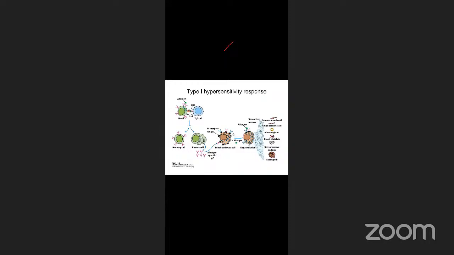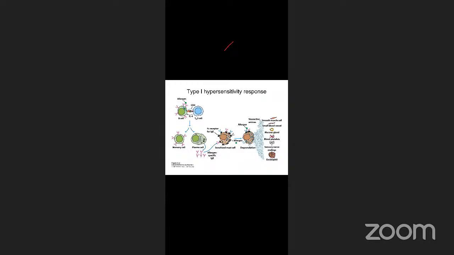For those antigens, whenever the antigen interacts with the antigen presenting cell, B lymphocytes, macrophages, and dendritic cells can also act as the antigen presenting cell.